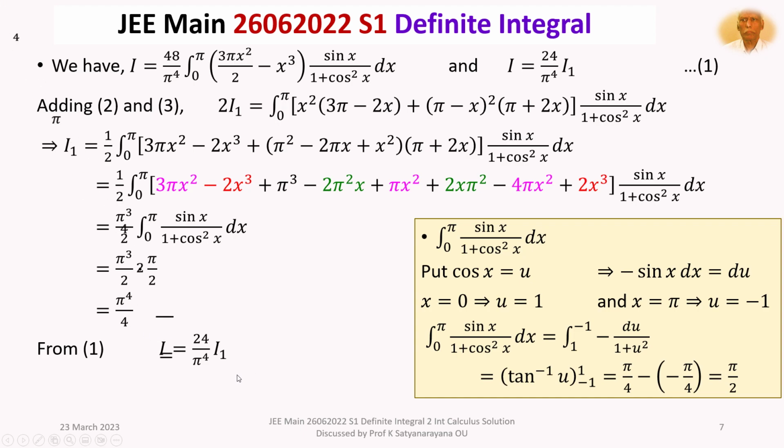So, pi to the power of 4 cancels, 24 by 4, 4 sixes are 24, so that is equal to 6.